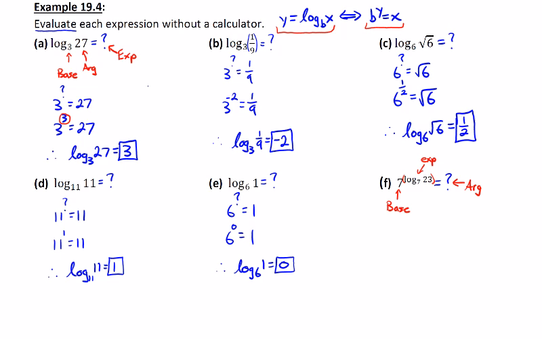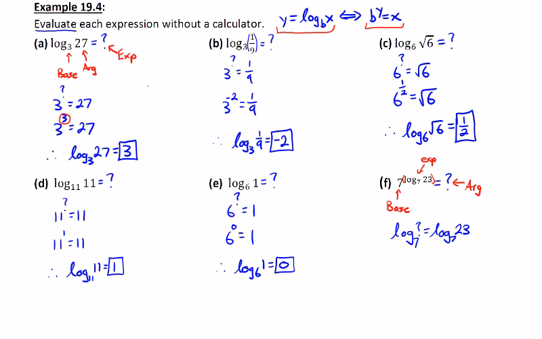So if I was to rewrite this, I would have to rewrite it as a log. So I start with writing log. My base is 7. My argument is the question mark. And when I write a log statement, it's always equal to the exponent. And the exponent just happens to be another log.